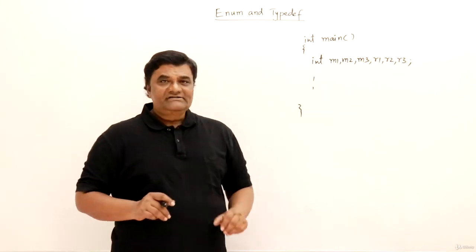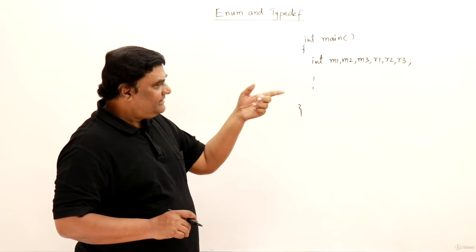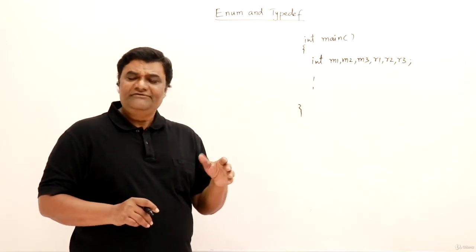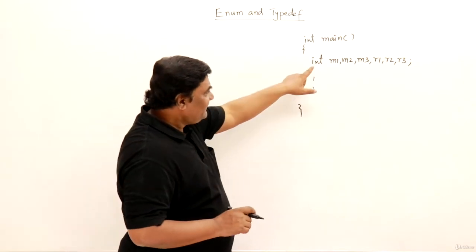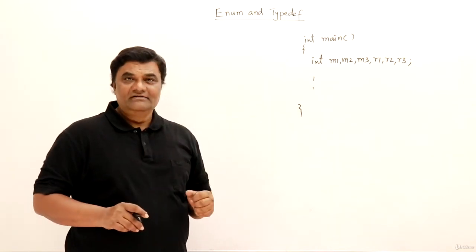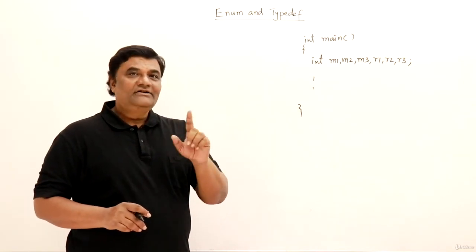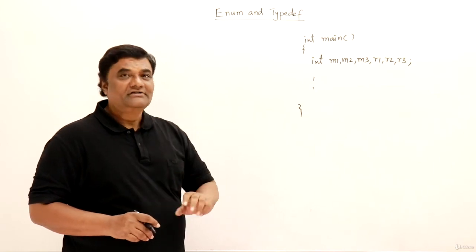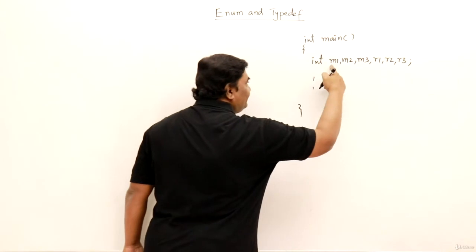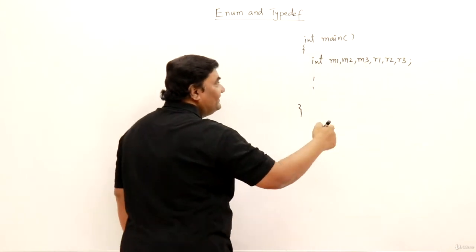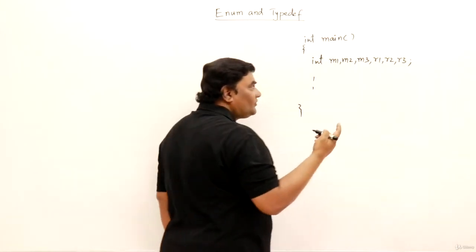Now what I want is to make those variables meaningful. If I cannot give meaningful names, at least the data type should tell me what it is. Yes, that I can do using typedef. So let us do it. Actually, M1, M2, M3 are the marks, and R1, R2, R3 are roll numbers.